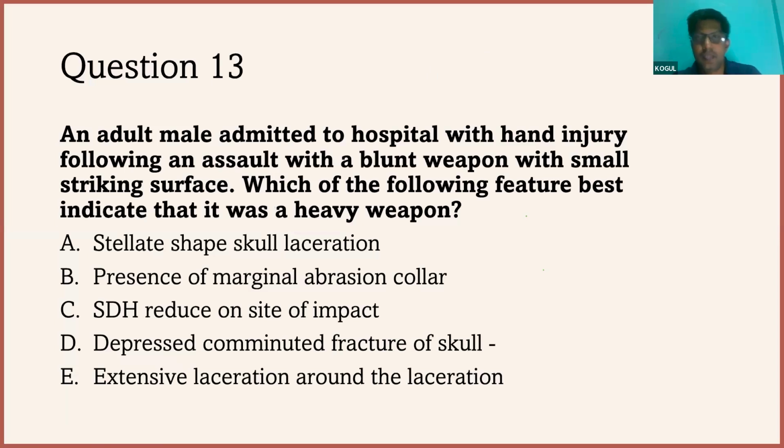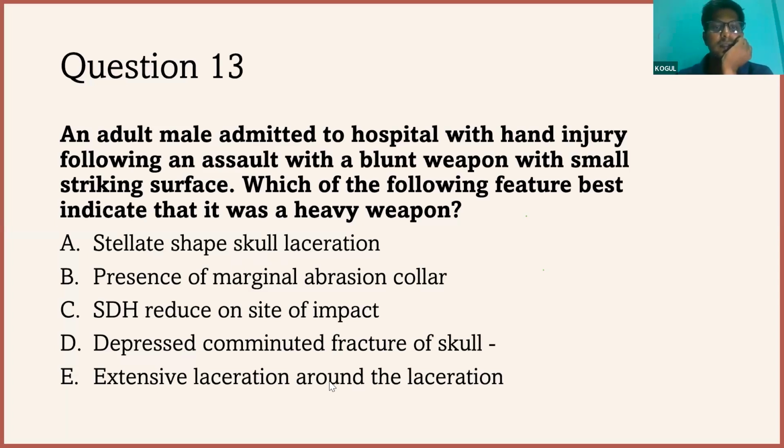You have to identify the single best answer. If there are multiple correct answers, you have to tell which is best. In this case, a stellate shape of skull laceration can occur with a heavy weapon, but it can also occur with a non-heavy weapon. Heavy weapons can produce a stellate skull laceration, but compared to the depressed skull fracture, this is much less.